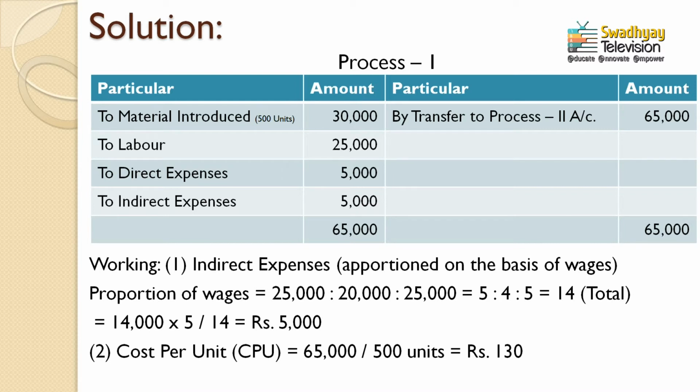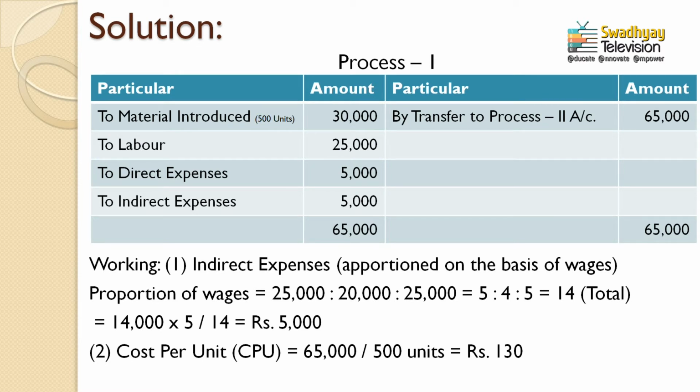That's why we mention here the total amount of process 1 transferred to the process 2 account, and that amount is rupees 65,000. Whatever the total we have at the end of process 1 is transferred to the process 2 account. So the finished goods of process 1 become the raw material for the next process.